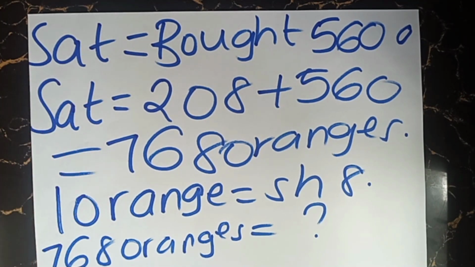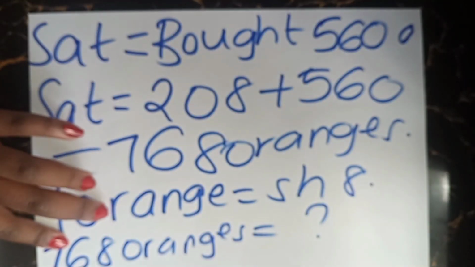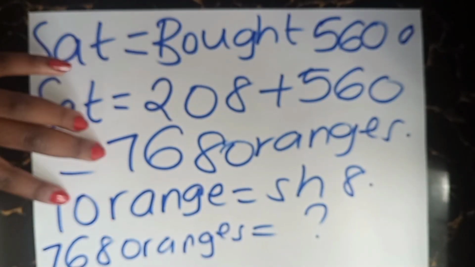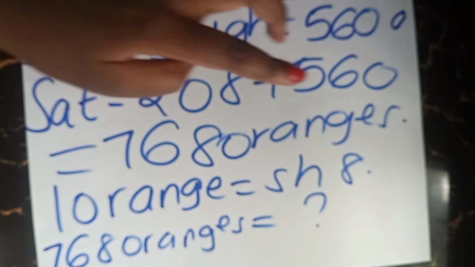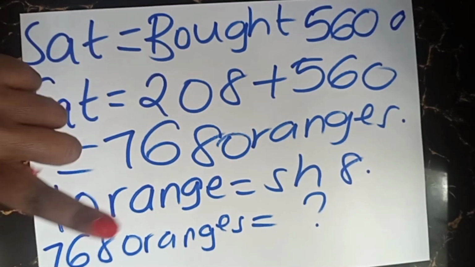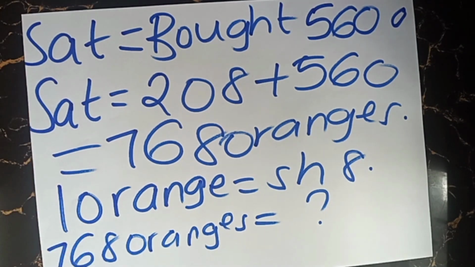So we'll multiply 8 shillings by 768 oranges and divide by 1 orange, okay? And if the answer is less, we'll do the opposite. So we'll multiply the 8 shillings by the smaller number, which is 1 orange, and then divide it by the bigger number, which is 768 oranges, okay?